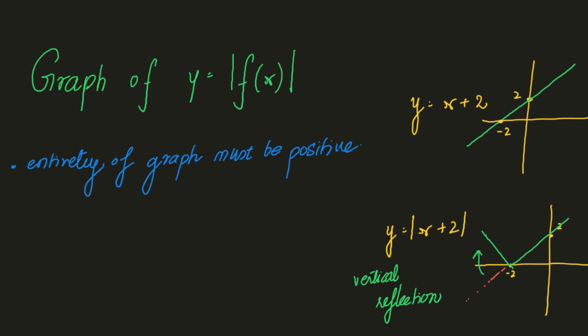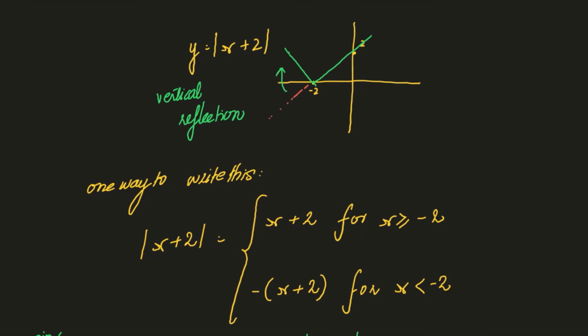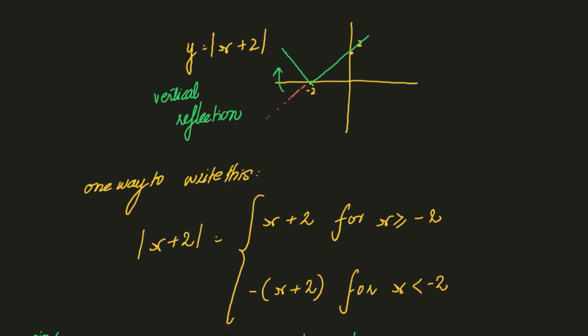One way to write this situation specifically is: the modulus of x plus 2 is x plus 2 for x greater than or equal to minus 2, because you can see that for x greater than or equal to minus 2, the line is the same as the original line. It has the same gradient and the same y-intercept.